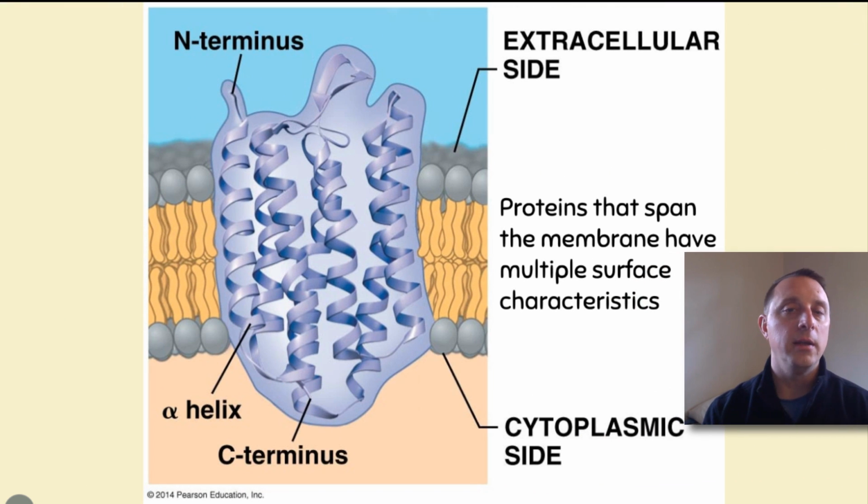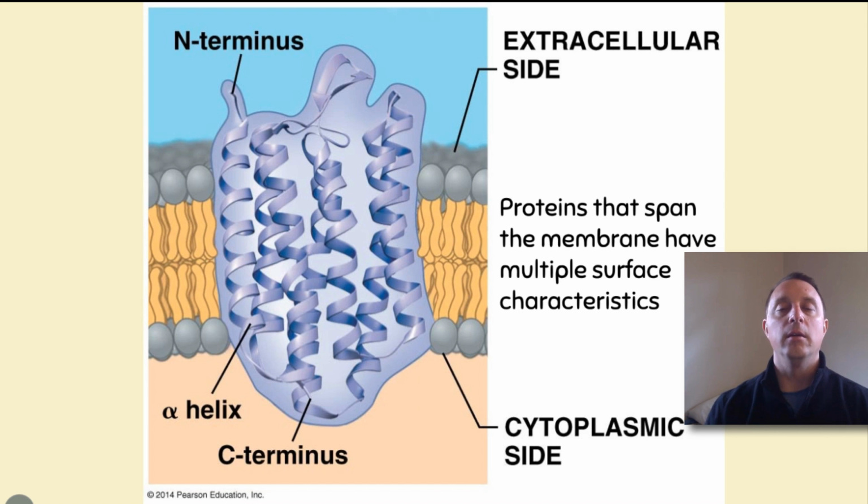Looking structurally really quick at the protein content of the membrane, a lot of these membrane proteins will go completely through the cell membrane, so they will be exposed on both sides. The extracellular side, that would be the outside, and then the cytoplasmic side, that's inside the cell.